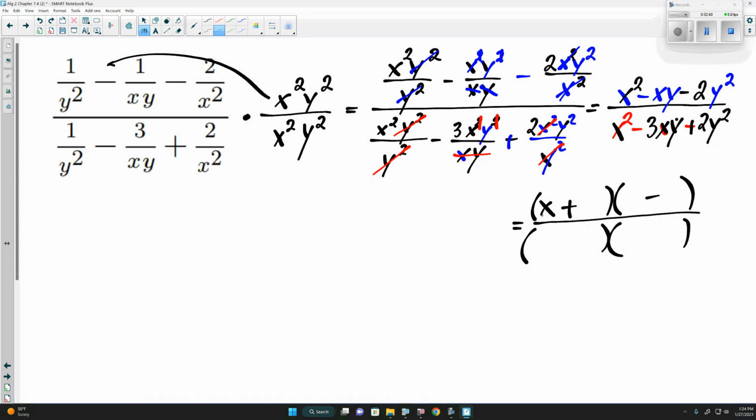X and x. We will have y and y. So we can try this here. X times negative 2y is negative 2xy, yes? And y times x is going to be plus xy, which gives us a negative, which we wanted, yes?